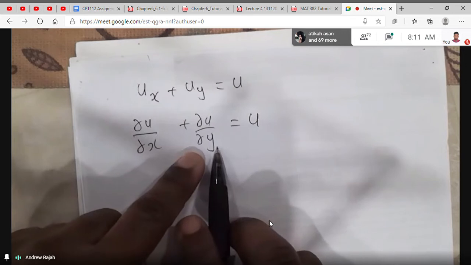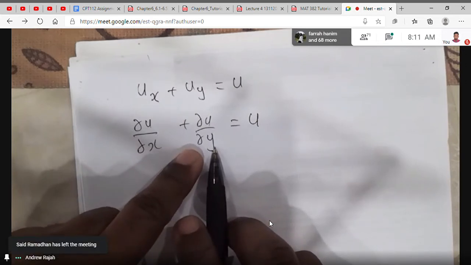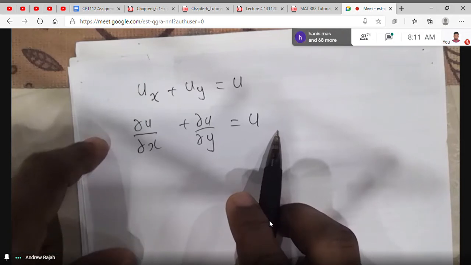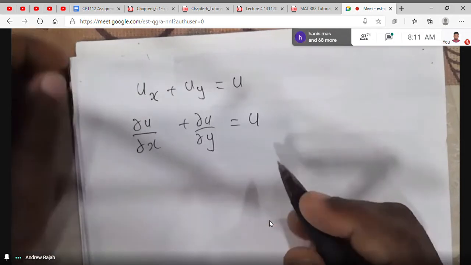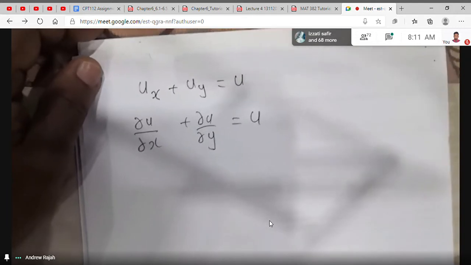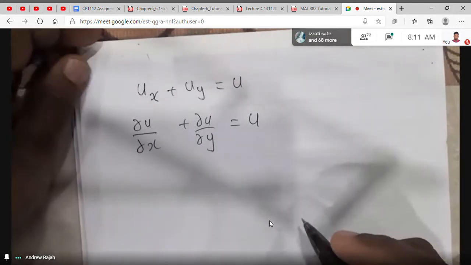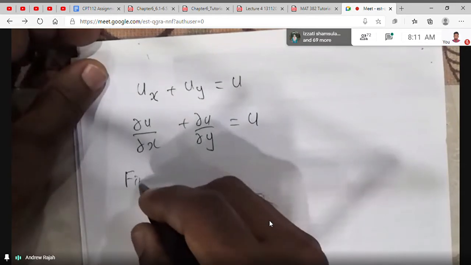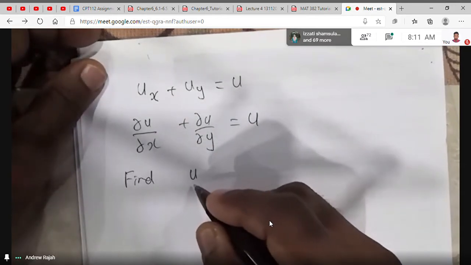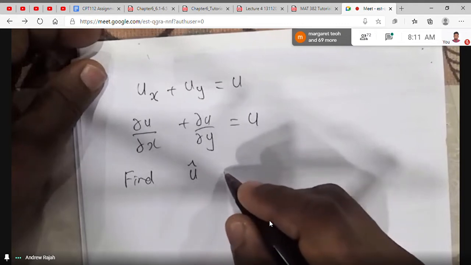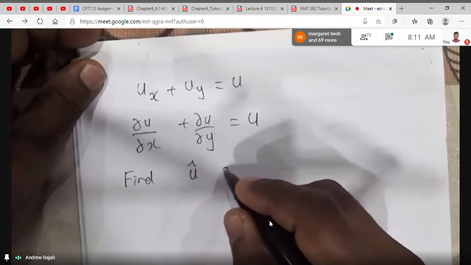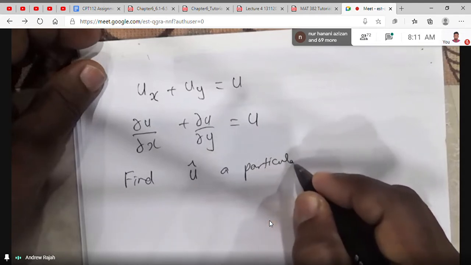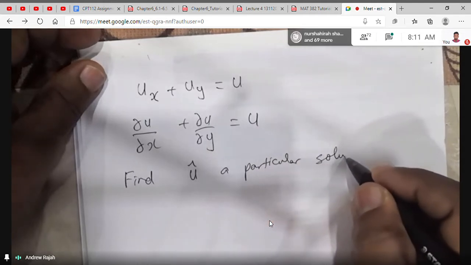There's also partial differentiation with respect to y. What we do is we try to find first u hat, which is a particular solution.